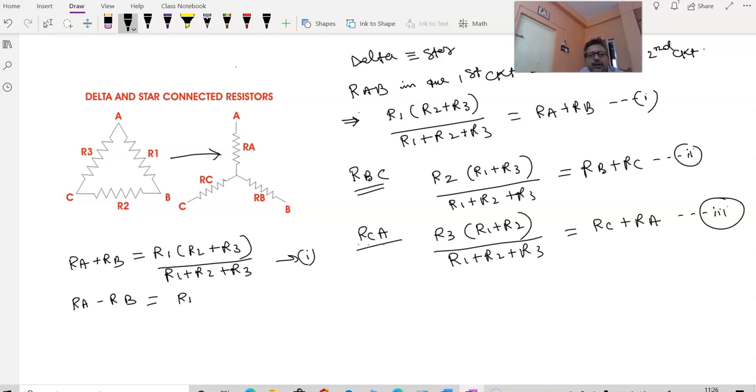It will be R1 into R3 minus R2, divided by R1 plus R2 plus R3. How have I got this? I have subtracted 2 from 3. So this you take as number 4.